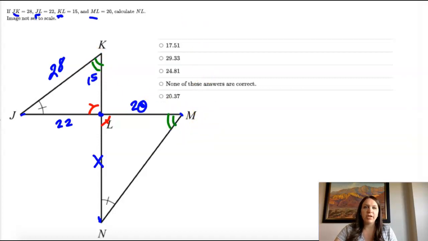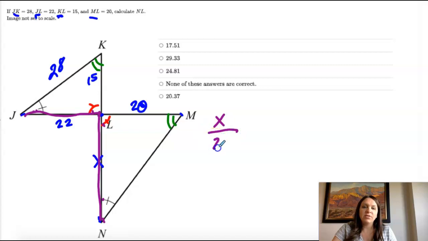So I have similar triangles. So I'm trying to find X, which, look at my angles. It's the given angle to the red angle. So X is the same as 22.